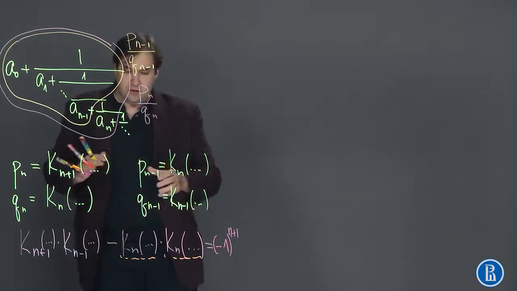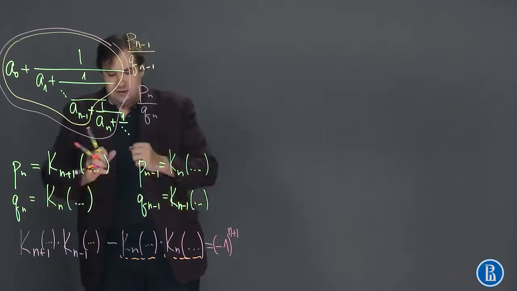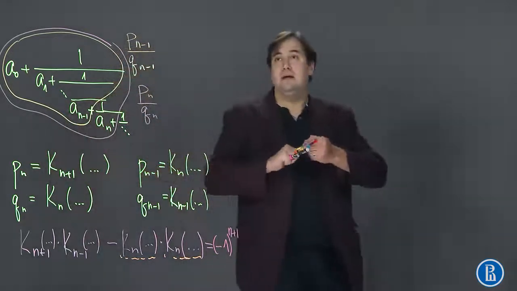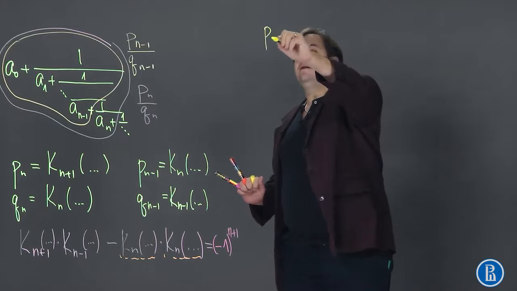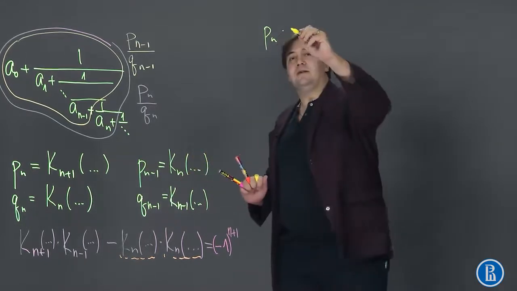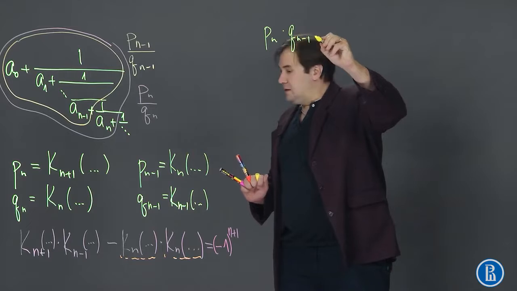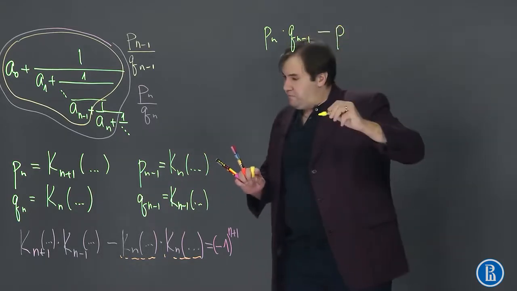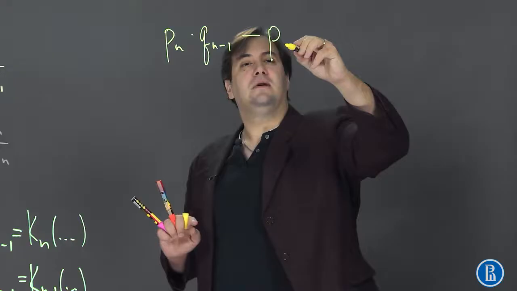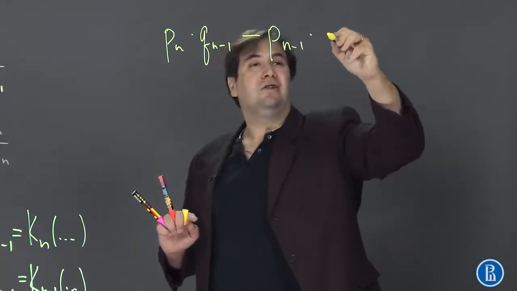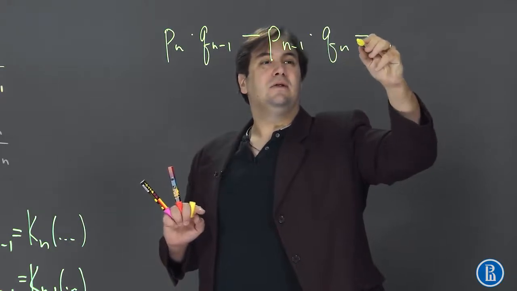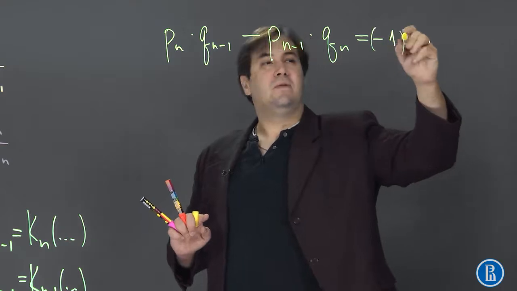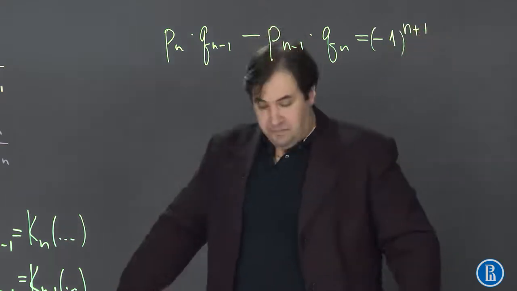So gathering all this together gives us that pn multiplied by qn minus 1, minus p n minus 1 multiplied by qn, is equal to minus 1 to the power of n plus 1.